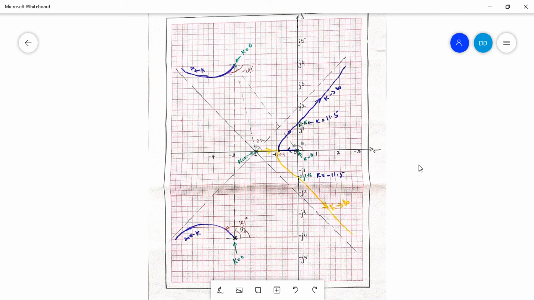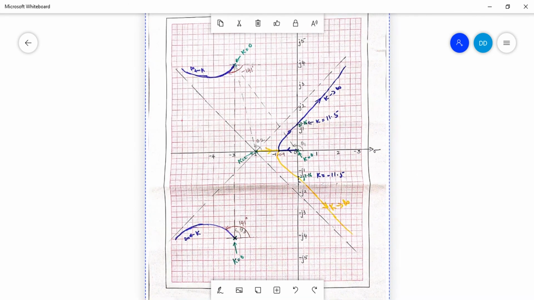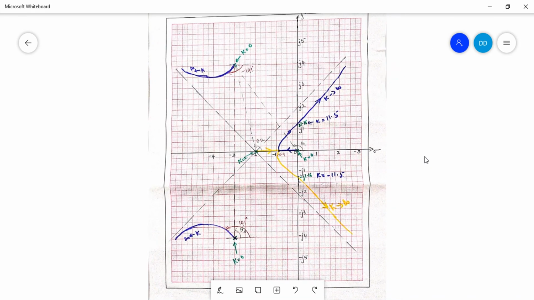And then start a branch from s equal to 0, travel along to -0.9, break at -0.9, then at an angle of 45 degrees, it moves towards the imaginary axis, intersects the imaginary axis at j 1.16, and then it moves to k equal to infinity.